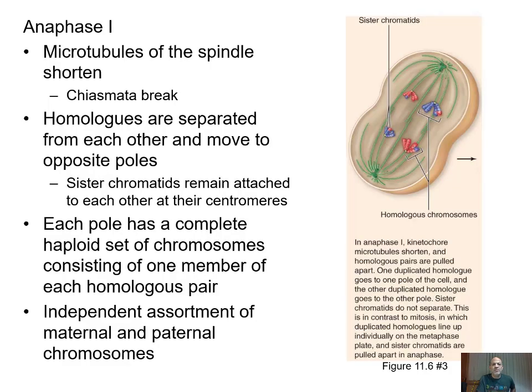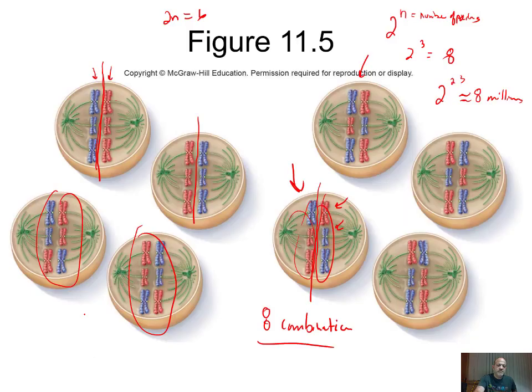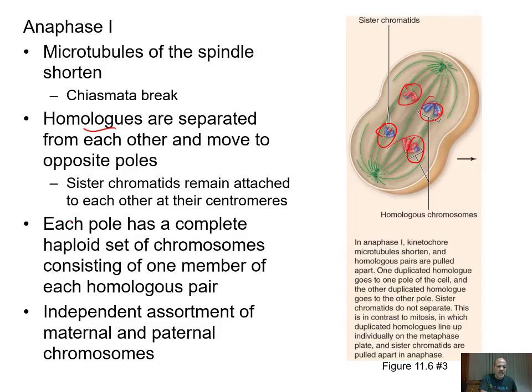So in anaphase 1, your microtubule spindles are going to pull apart your homologs, okay, to either pole, and we separate the homologs, right? And then keep in mind that crossing over has occurred as well, so you're going to have chromatids that have different combinations. And so what happens here, when your chromosomes are lining up at random on either side of the metaphase plate, we're going to get what's called independent assortment.